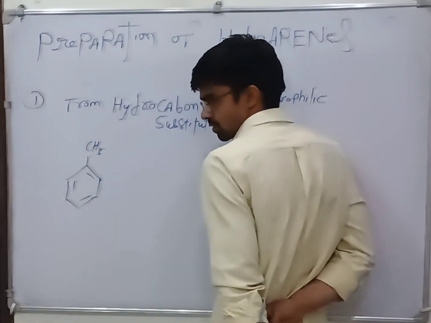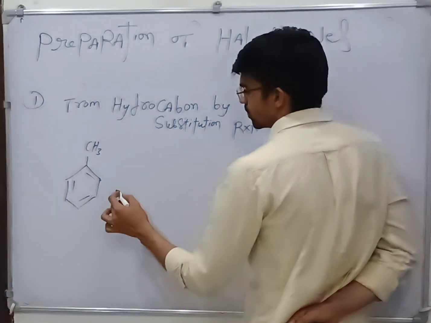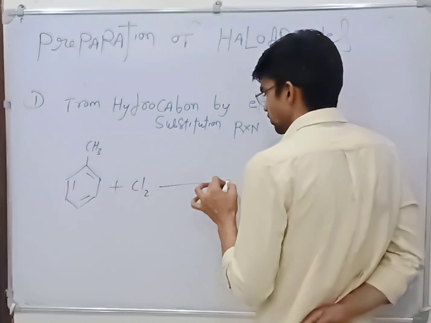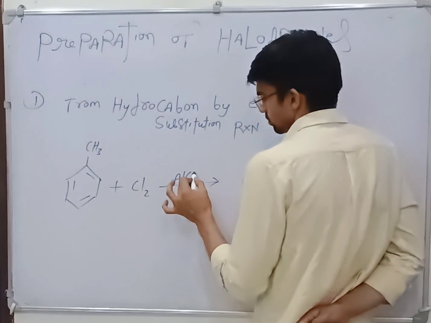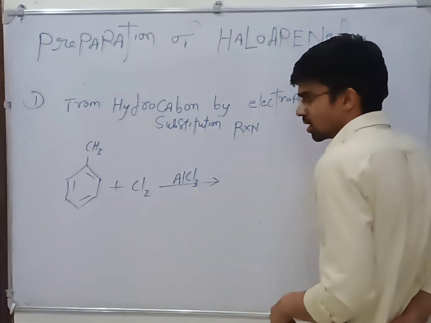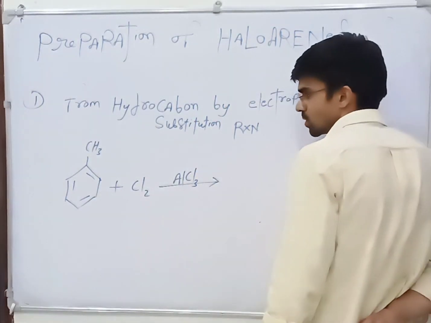with alternate double bond character, and when we react it with chlorine in the presence of aluminium trichloride, what will happen here? As you know, in the benzene ring, pi electrons are there.